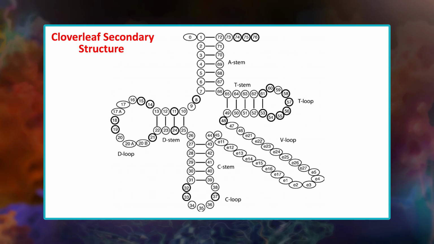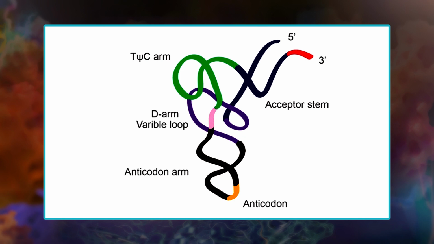form loops. These arms, or stem and loop, include the acceptor arm, D arm, anticodon arm, T pseudouridine C arm, and a variable arm. Of these features, the acceptor arm, anticodon arm, and T arm are highly conserved in size, while the D arm and variable arm can differ.